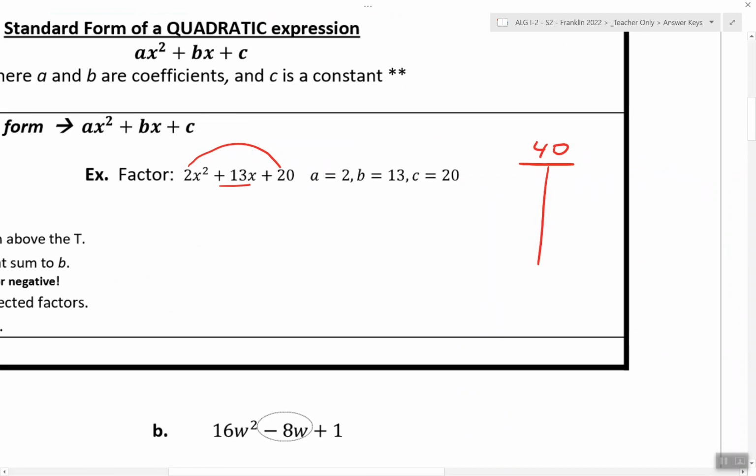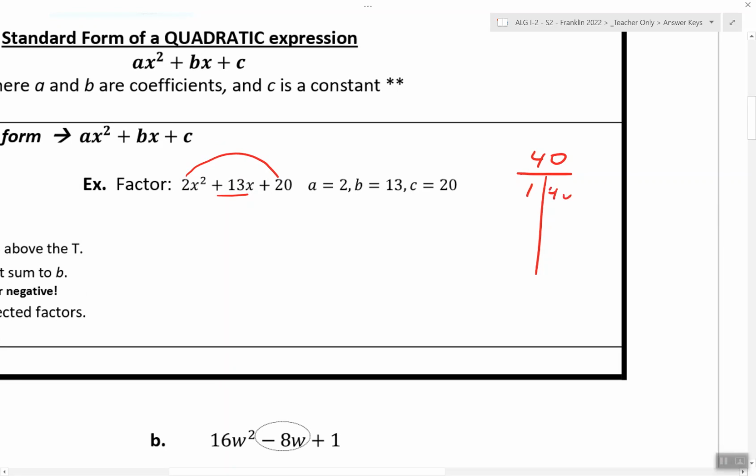So depending on your numbers, this might be easier or harder, but the best suggestion I can make is to just start listing factors of the product, 40 in this case, and then see which ones add up to the b value. So 40 is 1 times 40, 2 times 20, 4 times 10, and 5 times 8.